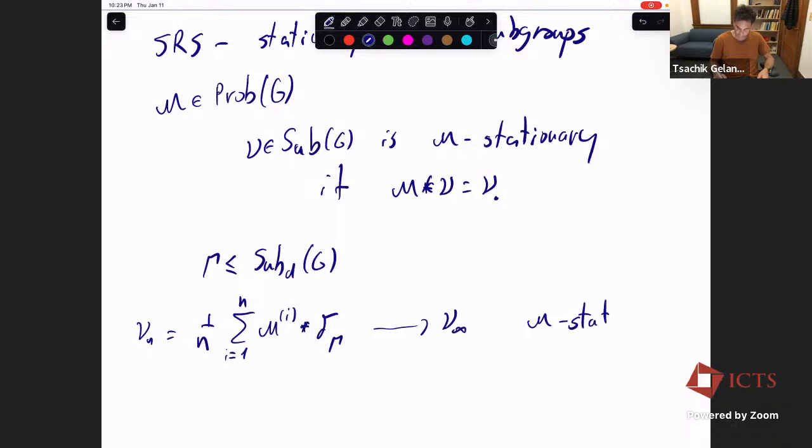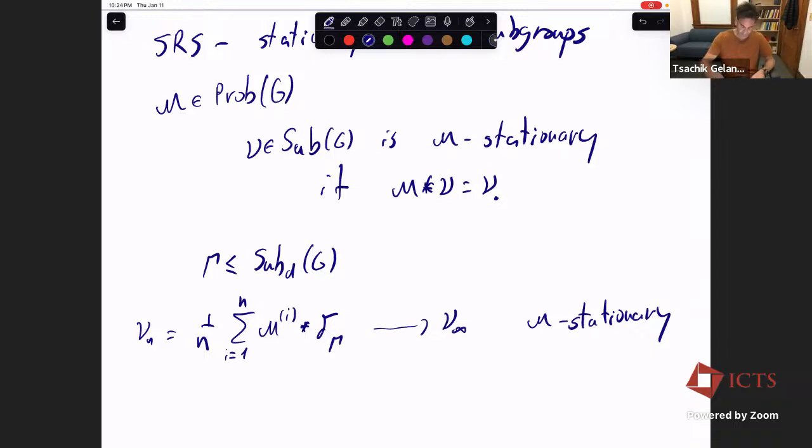Every limit. So if you can develop the theory of mu-stationary measures, if you can say something about stationary measures, if you can analyze them, then you may hope that the properties you can say on the limit retain some information about the group you started with.